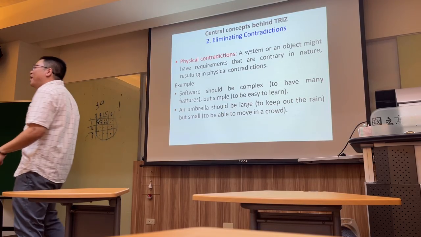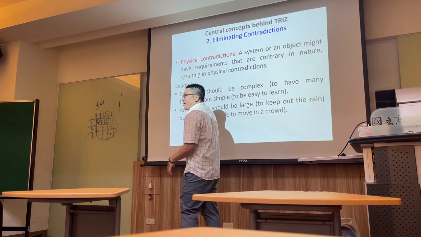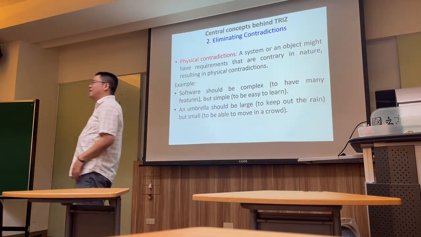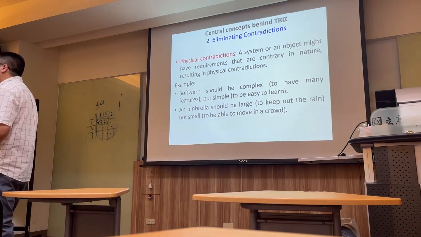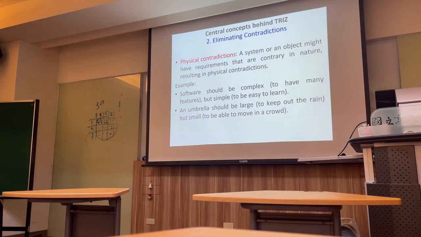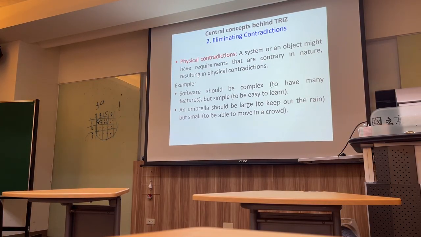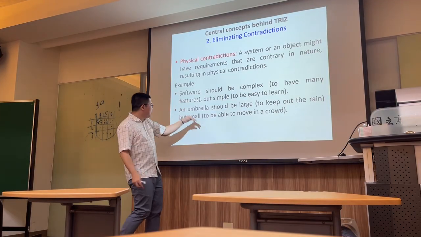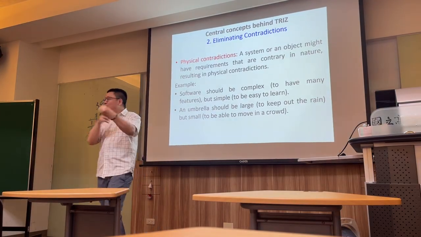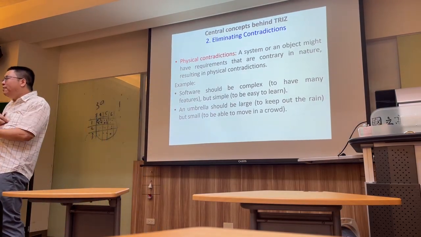So, this theory helps us address these contradictions. How can you design an umbrella that is both large and easy to move, easy to keep?